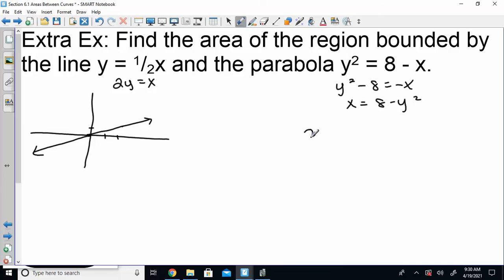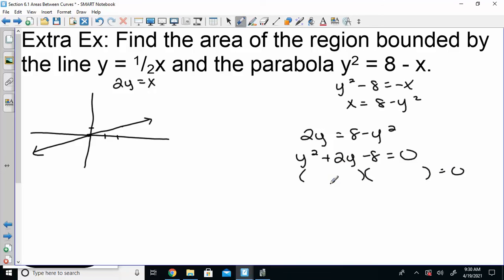If you set those equal to each other, you get y squared plus 2y minus 8 equals 0. Multiply to a negative 8 and add to positive 2. Get positive 4 and a negative 2.